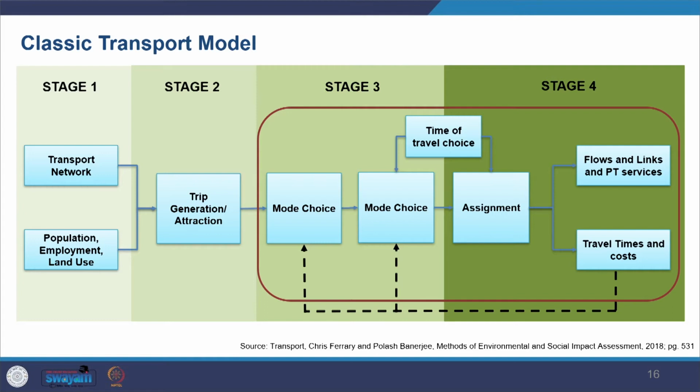The key output of such models, when you undertake all these assessments, is that you provide estimates of traffic and/or passenger flow on the link you're working on. What's the traffic? What will be the passenger flow?